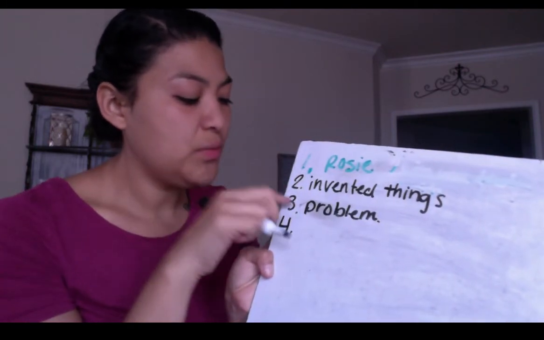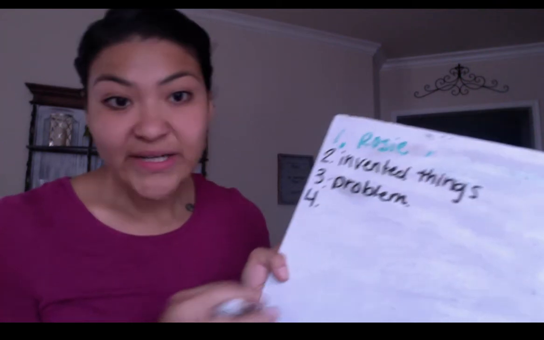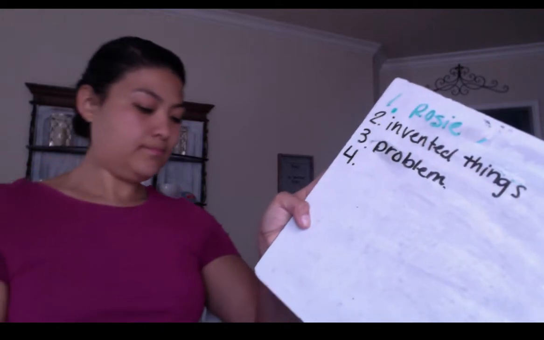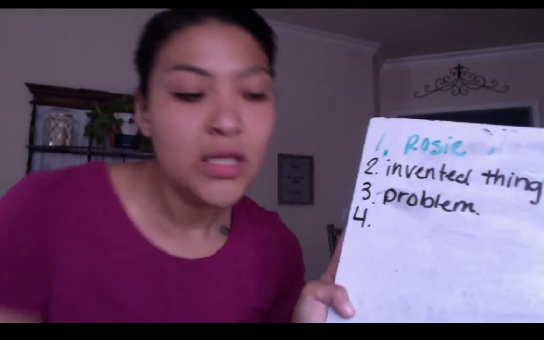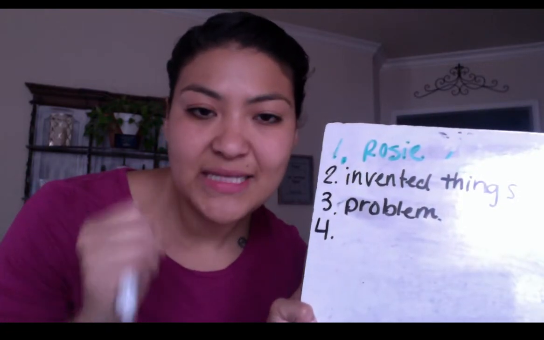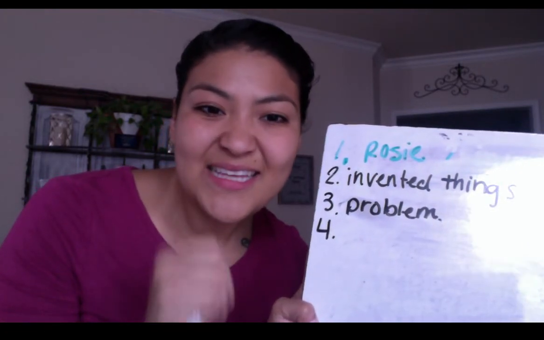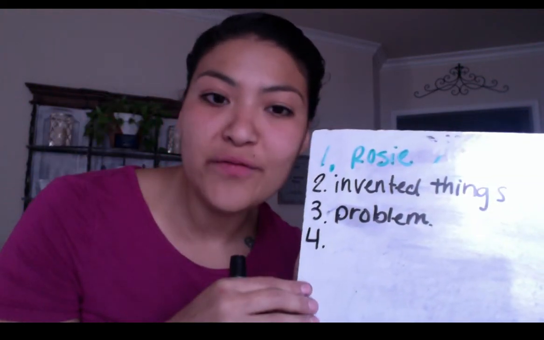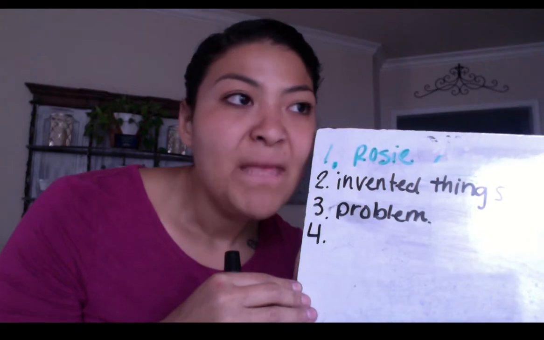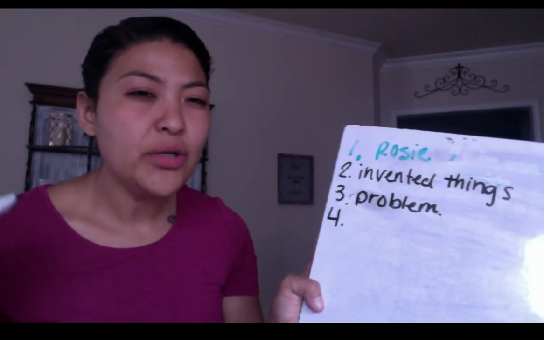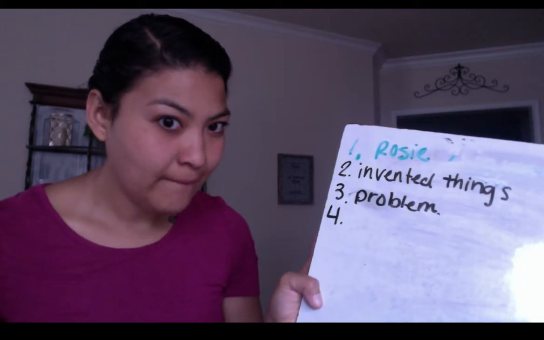So who, what, when, where? Where did she invent this? So do you remember that she gathered a bunch of things and she collected these things and she called them a stash. So she put all of her things in the stash, right? So where did she keep her stash?